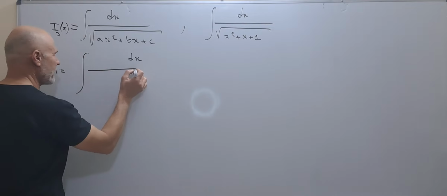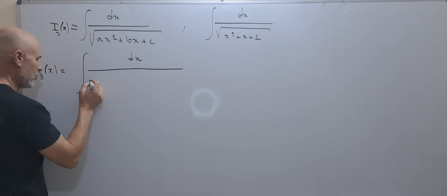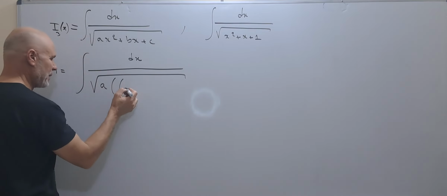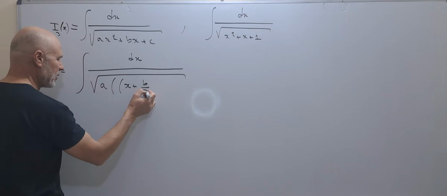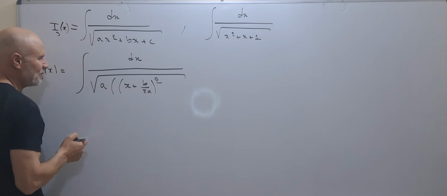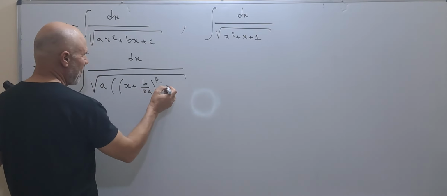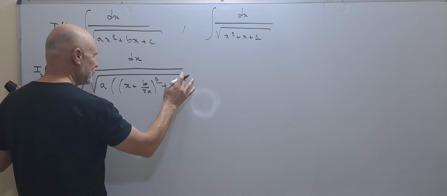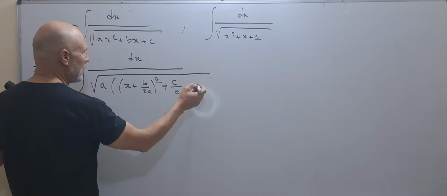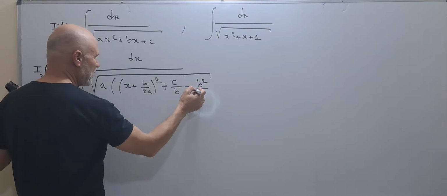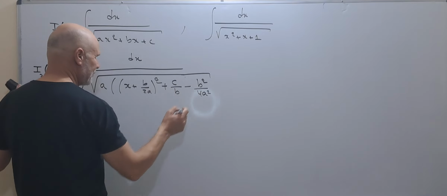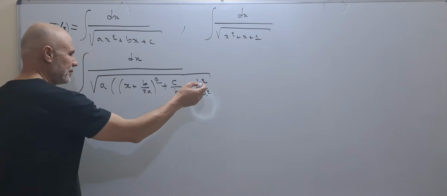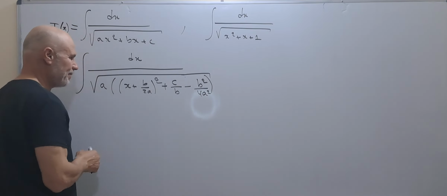Let us transform this integral to this one. a times the brace, x plus b over 2a squared, minus, plus c over b, minus b squared over 4a squared, and we close the brace.